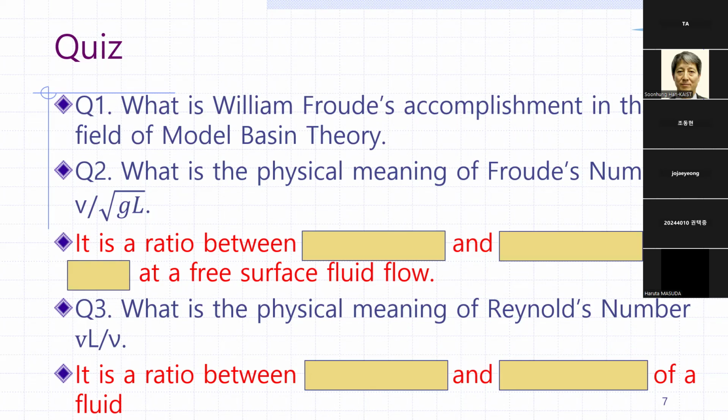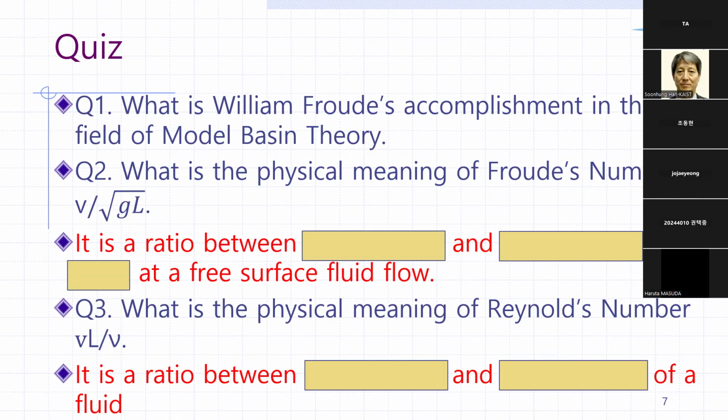Yes, William Froude adopted the concept of dimensional analysis and came up with non-dimensional numbers such as Froude's number and applied it to model tests so that we can easily estimate the resistance of a real ship without building one, by doing a test with a smaller version.